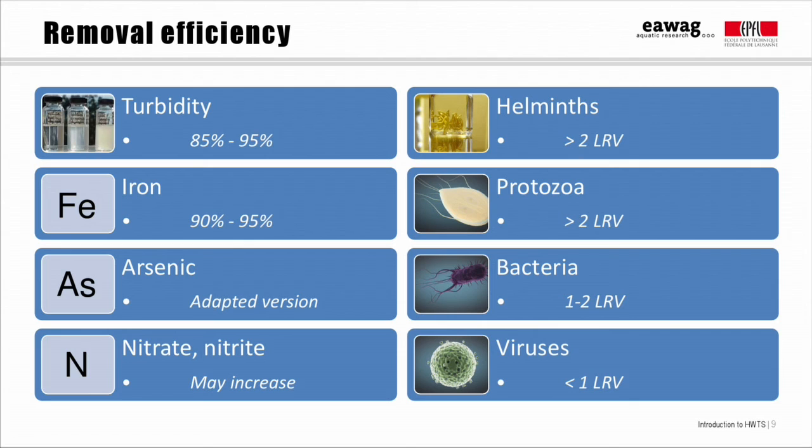But arsenic removal is complex, and competing ions such as phosphorus and silicon can very highly affect performance. Finally, the filters don't remove nitrate or nitrite, but they can actually increase nitrate by converting ammonia into the oxidized form nitrate. This can cause treated water to exceed health-based guideline values. So it's always a good idea to keep an eye on the nitrogen chemistry. Look for ammonia as well as nitrite in waters that have been treated with biosand filtration.